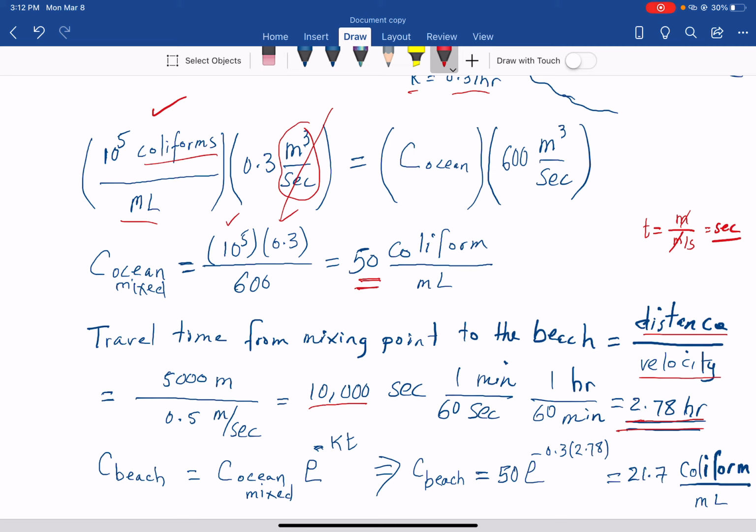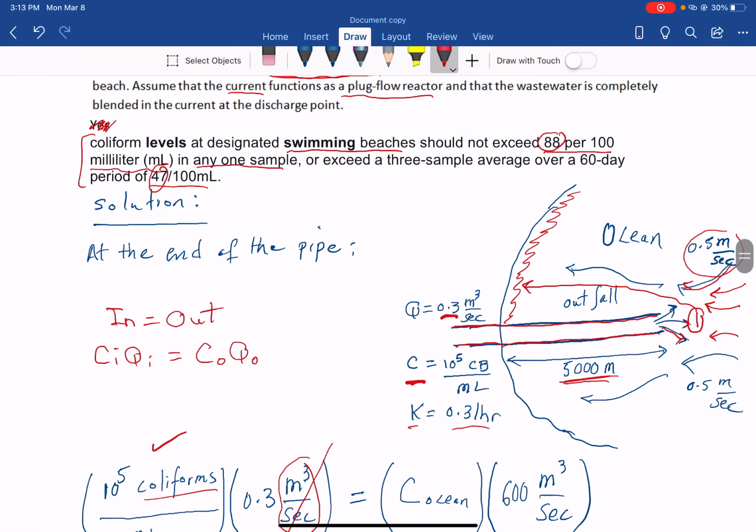And since we are assuming the seawater with the wastewater is moving like a plug, we should use the equation for the plug. C at the beach is given by this equation: C final equals C naught e to the minus KT. So C beach, which is the final, and this is the initial.